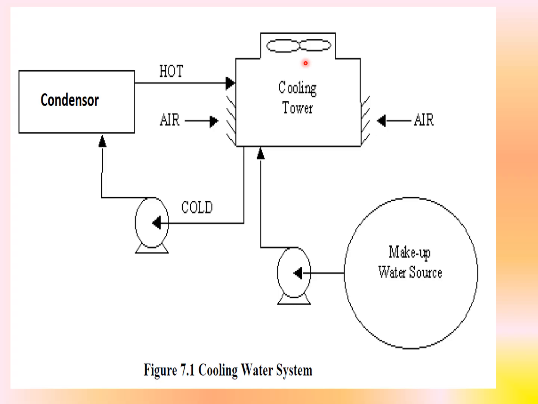In this cooling tower, the water comes from condenser through pumps, which is hot, and it is cooled in the cooling tower, and this cool water is once again brought back to the start of the condenser. The cooling tower vessel has got a system for inflow of natural air inside.